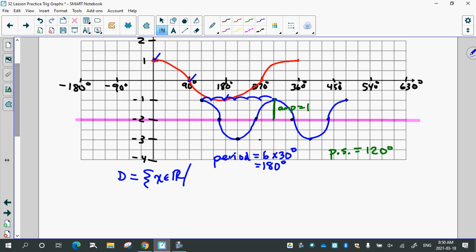All right, so the leftmost for the domain, 30 degrees after 90, so that's 120. And then the rightmost we get is 30 degrees after 450, which is 480.